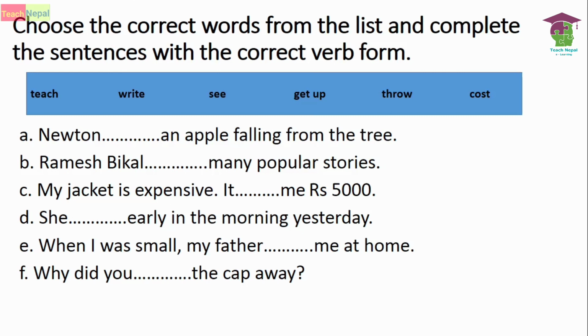small my father dated me at home. Which one is suitable there? Mm, so my father saw me at home, right? But here we have already used this verb, so see, right?